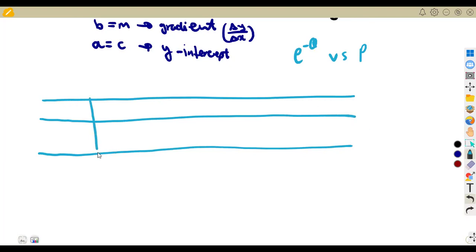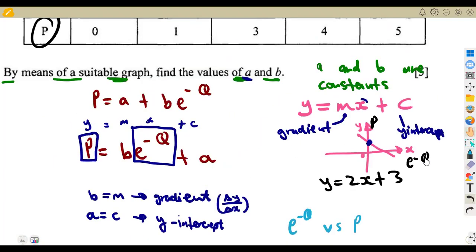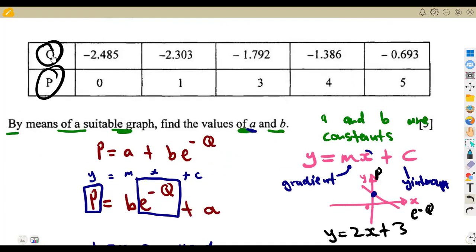So on this, instead of having the q that we had, the x, which was represented by q, we are now having e to the exponent of negative q. Take note there. Okay? So for the first value, it's e to the exponent of minus of this value, which is already a negative.